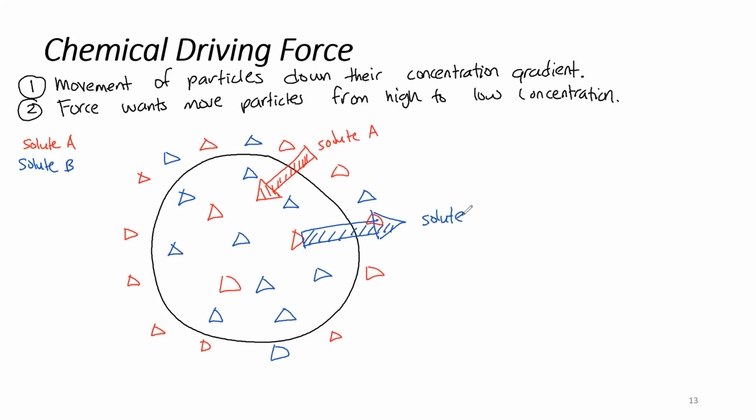It's a force that wants to move particles to be at equilibrium. It wants to equalize the concentration of solute dissolved on either end. And so it's going to want to move the particles in order to attain that equilibrium. And that's the force that we're speaking about, that wants to move particles through our cell membrane in order to get them at equilibrium. Okay.